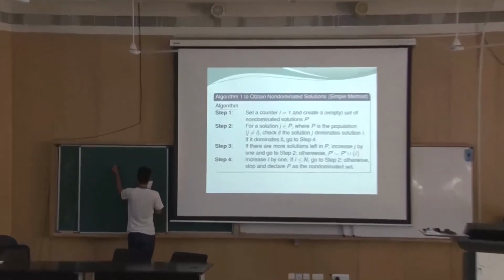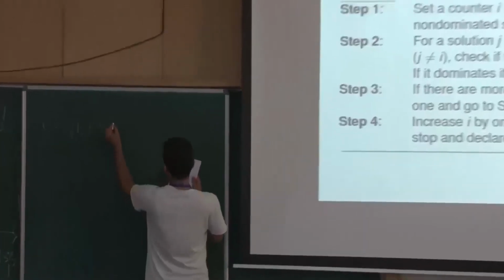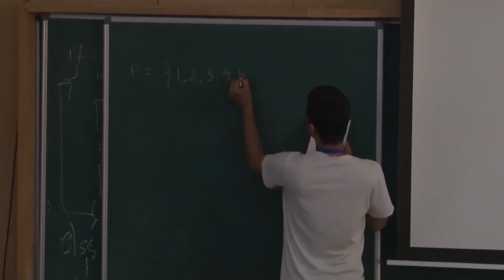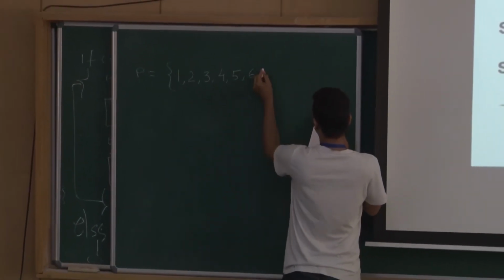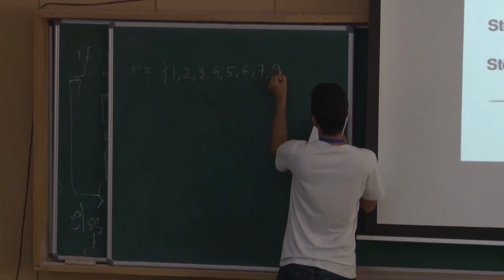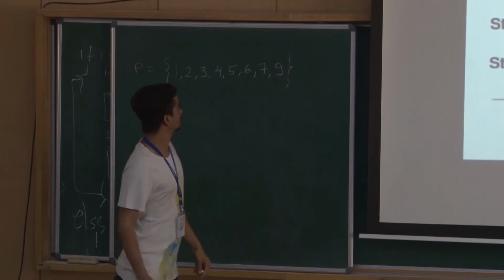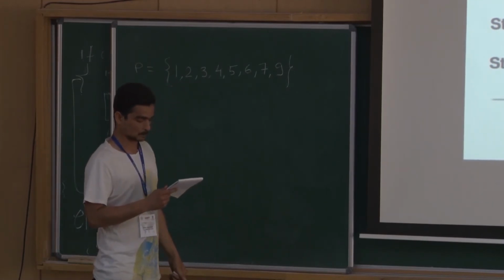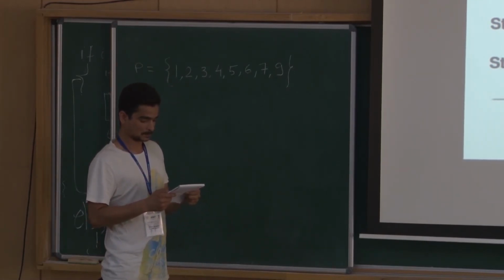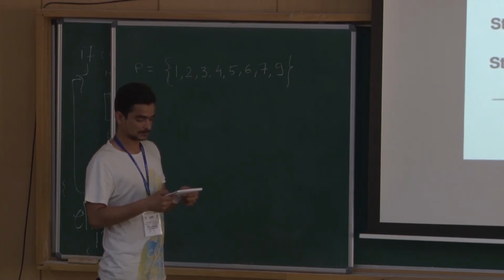There are very few which are dominated. No, 7 is dominated. Check carefully. 1, 2, 3, 4, 5, 6, 9.